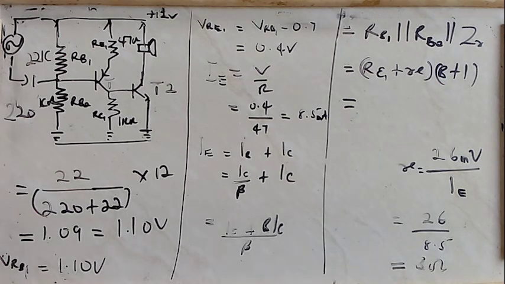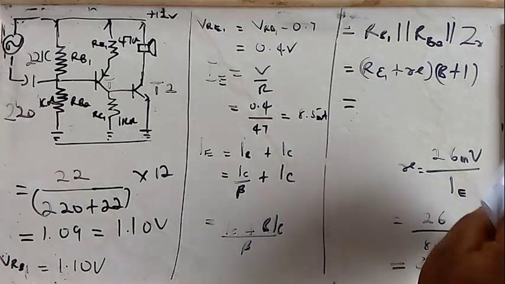Because of the small nature of this RE, some engineers will ignore it in order to arrive at their conclusions faster. Okay, so that's our value of RE. Keep that in mind as I clean the board.